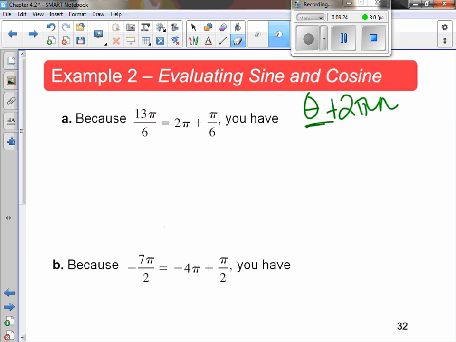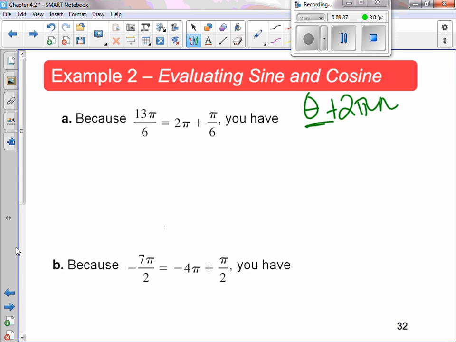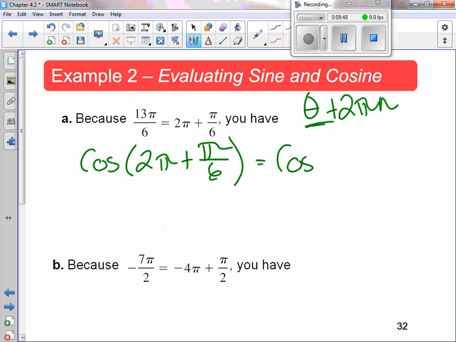Because 13 pi over 6 is equal to 2 pi plus pi over 6, this follows along. So we could take cosine or sine of this. I could do cosine of 2 pi plus pi over 6. Well, that's just the same as saying what? Cosine of pi over 6. And what is cosine of pi over 6?